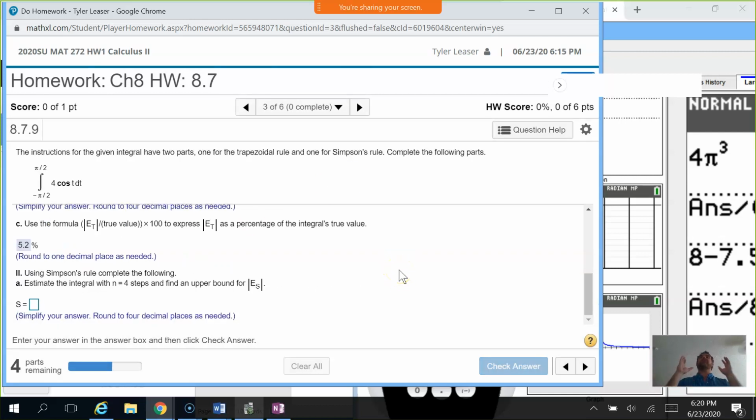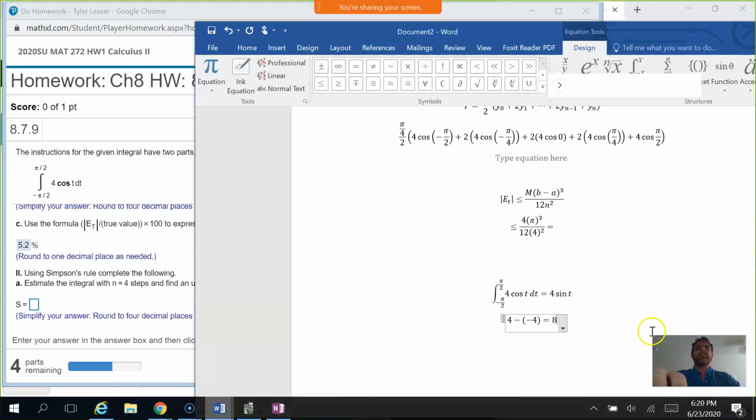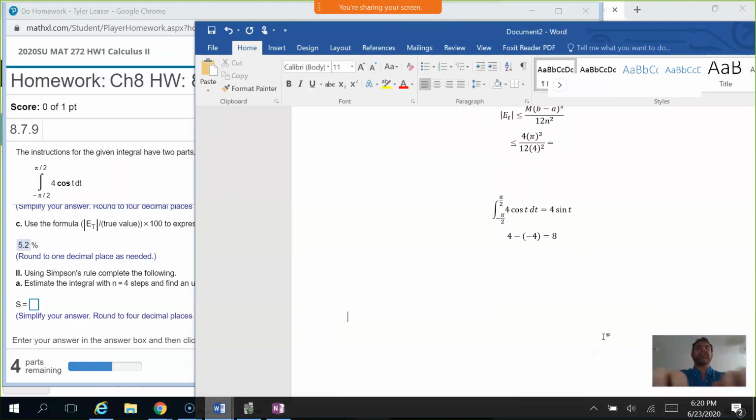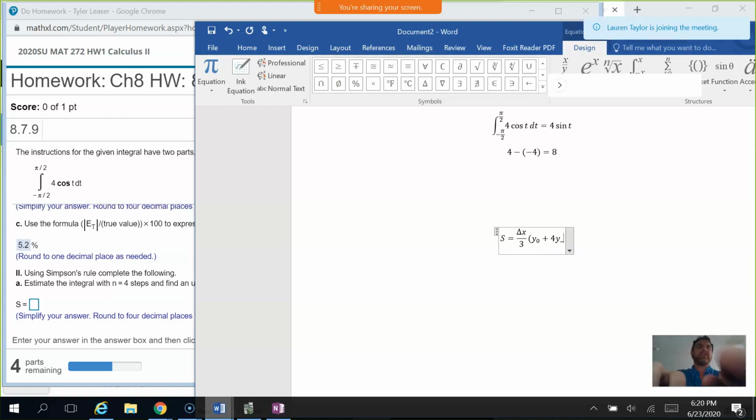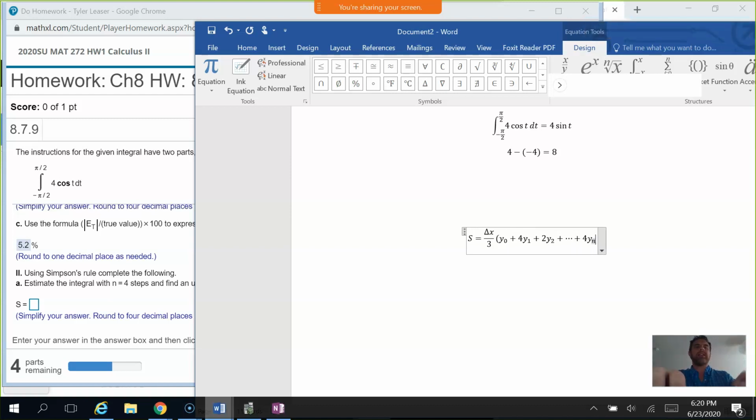All right, and then it wants us to do the same exact stuff, but this time for Simpson's rule instead. So everything is the same. The only difference is now it's a different formula. So for Simpson's rule, it is that delta x, but this time it's that delta x over 3 times the first y value plus 4 times the next one, plus 2 times the next one, plus all the way down 4 from the second to last one.